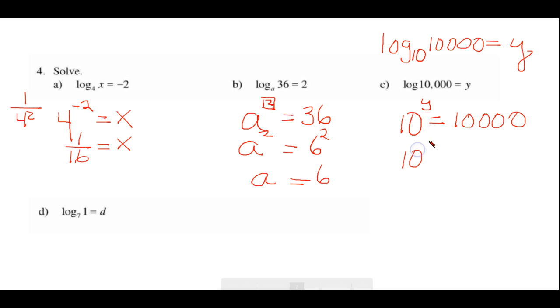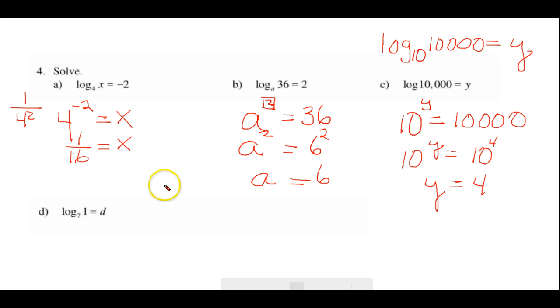Now what we need to do here to solve this is put 10,000 into some form of 10 to what power? And the answer is the fourth power. So now in this example our bases are the same, so our exponents must equal each other. So our answer there is 4.